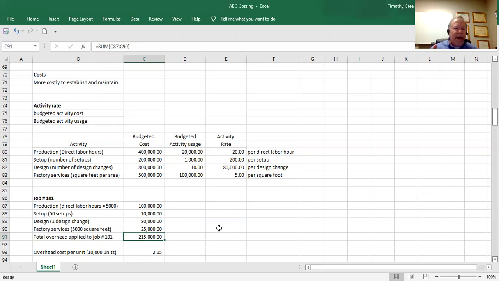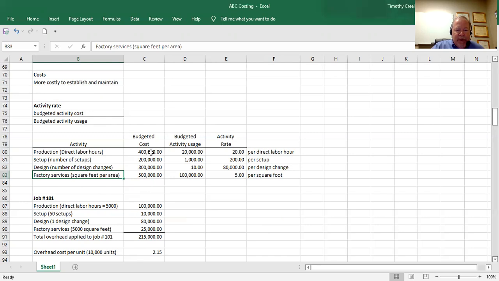So when you're doing ABC, you want to find activities, and typically most companies find about 3 to 7 different activities. We found 4 here. You want to then locate something that is related to that activity, or a way to measure that activity. So like with production, direct labor hours, setup, number of setups, design, number of design changes, factory services, square footage.